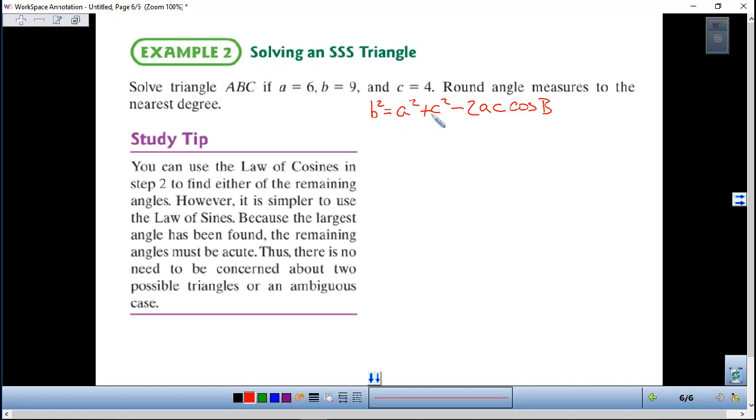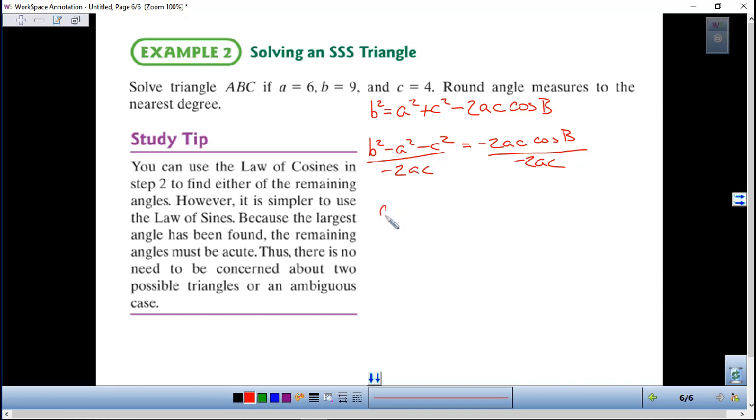So we're going to move A squared and C squared. So we get B squared minus A squared minus C squared, and then that's going to be equal to negative 2AC cosine of B. And all these are multiplied now. So I want to get the cosine of B all by itself, so I'm going to divide by negative 2AC. Now, instead of having the negative down here, you could go ahead and move the negative to the top and distribute it through.